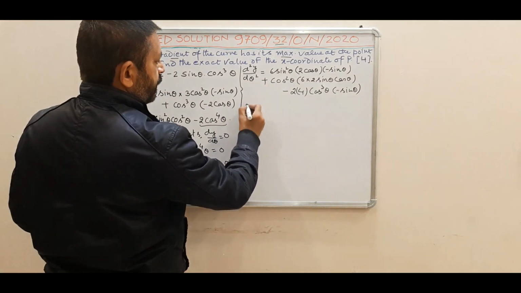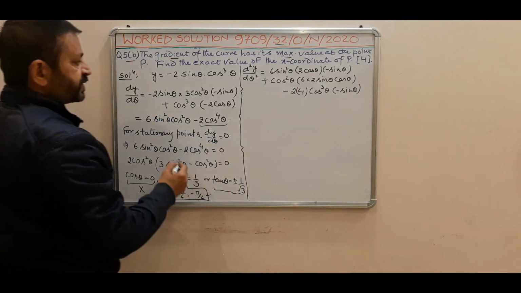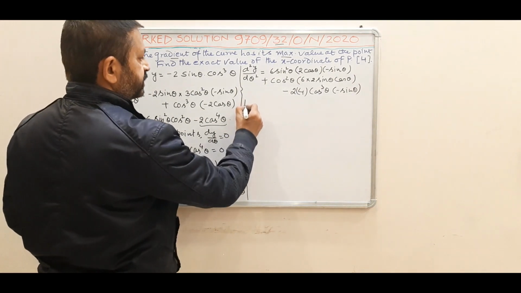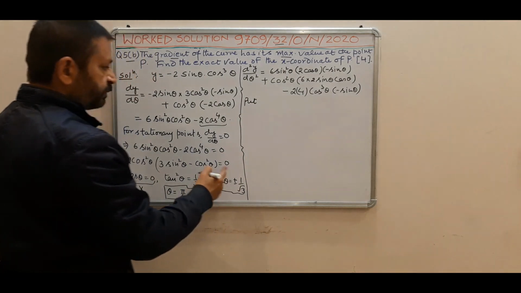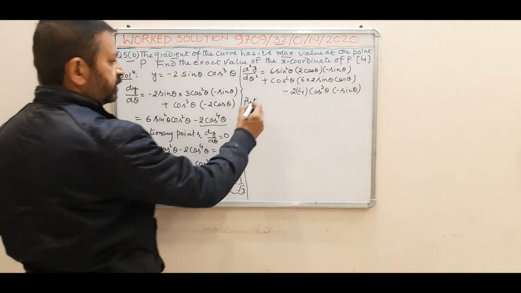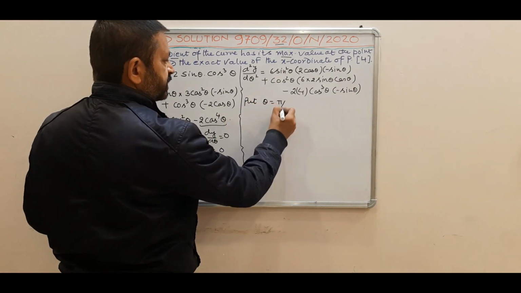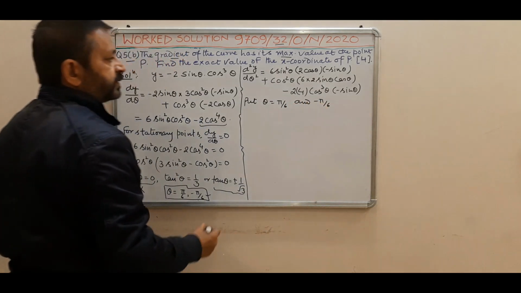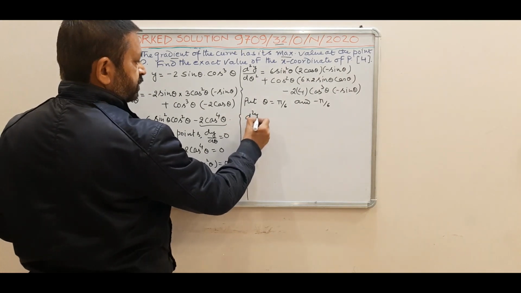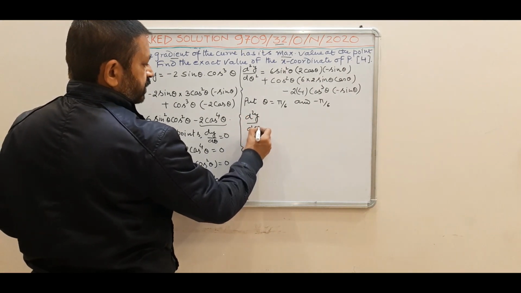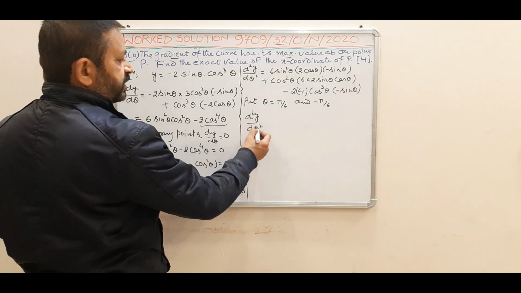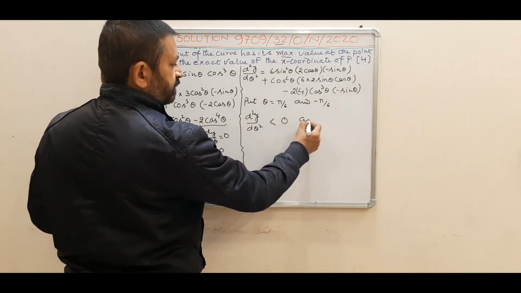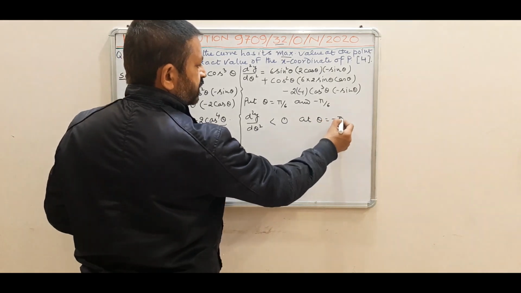Then in this expression we will put theta equals pi by 6 and minus pi by 6 to check which value will provide you the maximum and minimum value. On putting that, we'll find that d2y upon d theta square is negative at theta equals minus pi by 6.